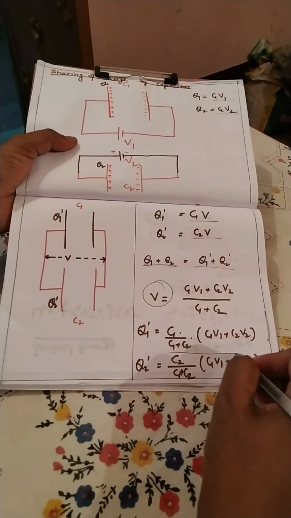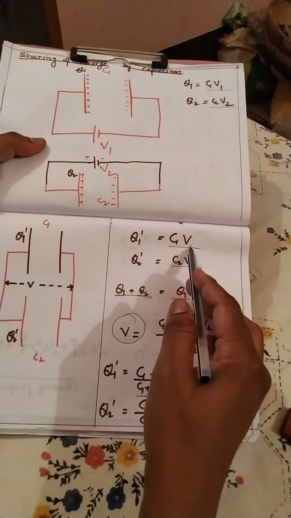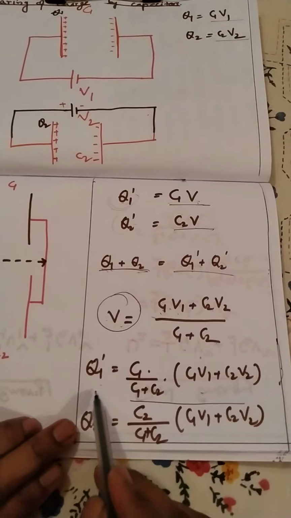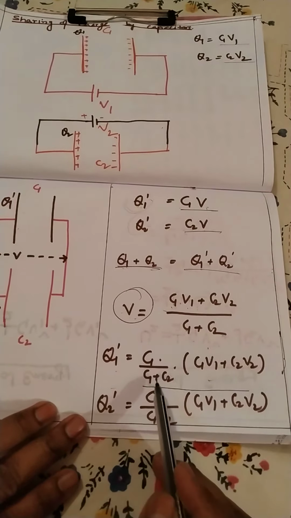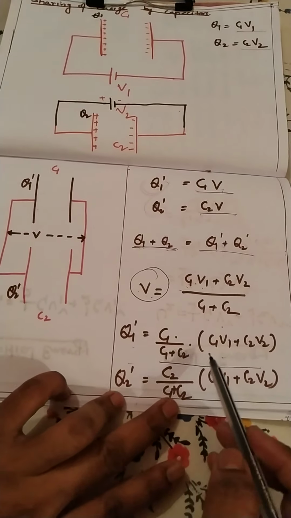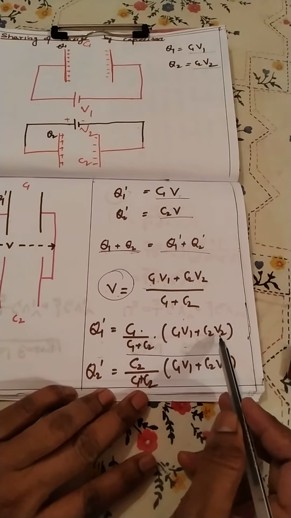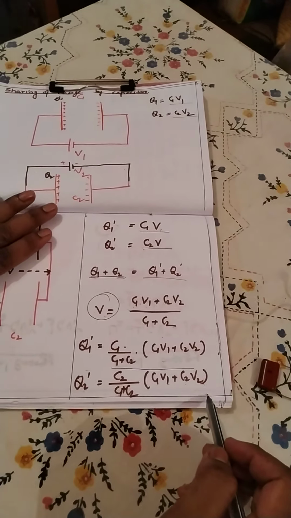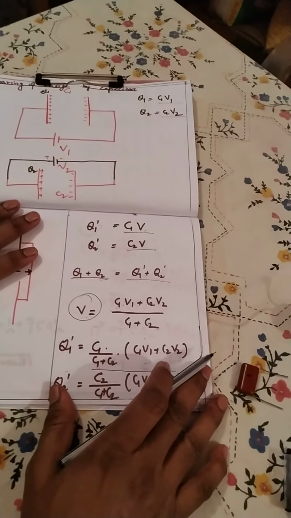Nothing more to say, and this comes to Q1 dash equal to C1 by (C1 plus C2) into (C1 V1 plus C2 V2). Similarly, Q2 dash will be equal to C2 by (C1 plus C2) into (C1 V1 plus C2 V2). These are the new charge distributions in both the capacitors.